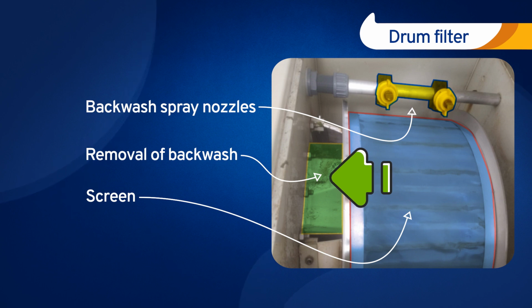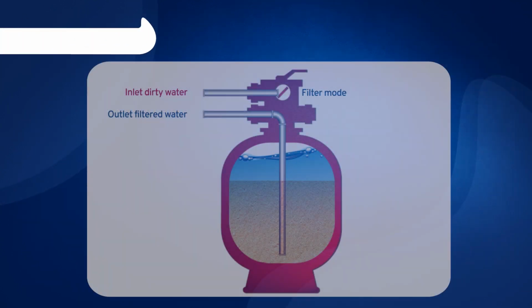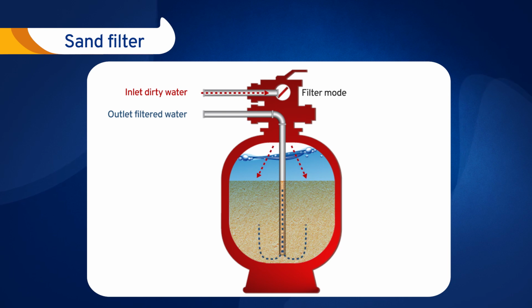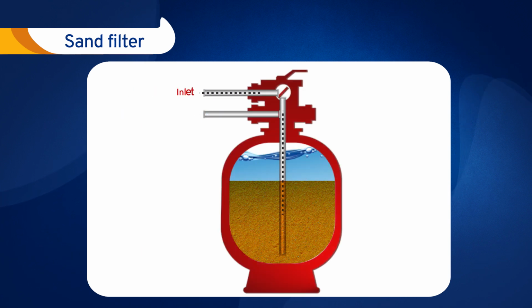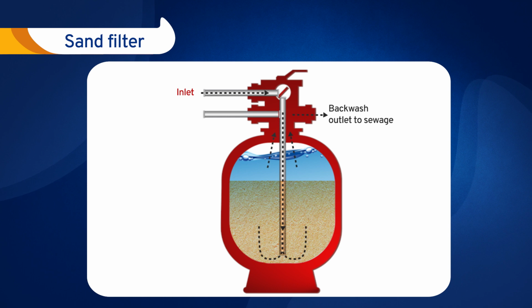As can be seen, in the sand filter, water flows via a sand layer. The clean water flows through and the solids are trapped between the sand grains. Once the sand is clogged with particles, the pressure increases and the sand is backwashed with clean water and the solids are removed from the system.